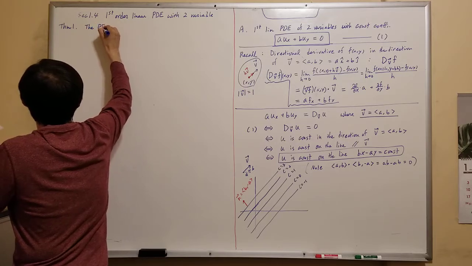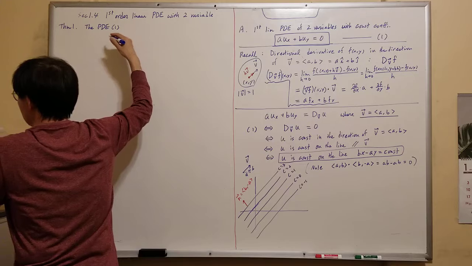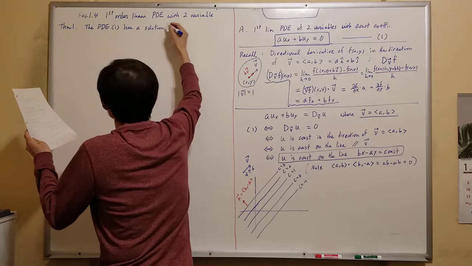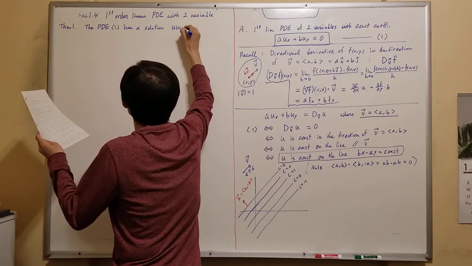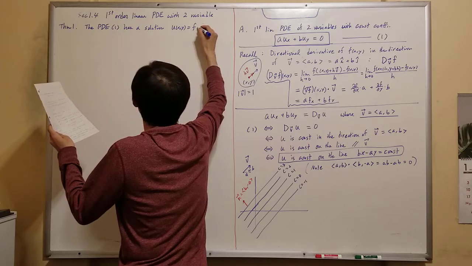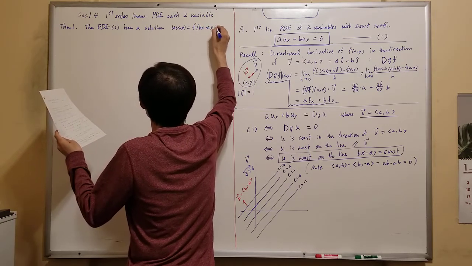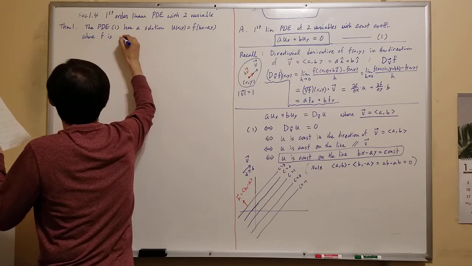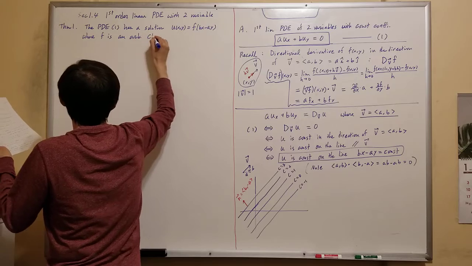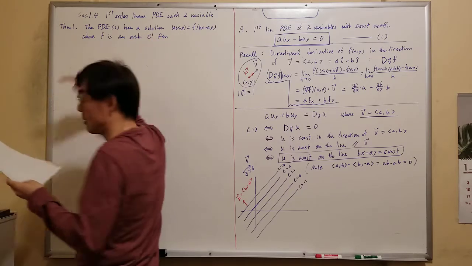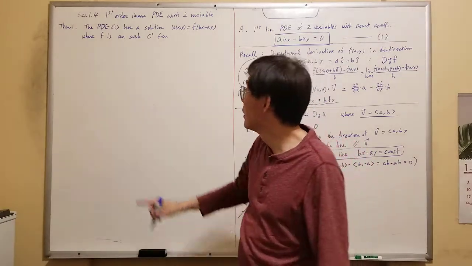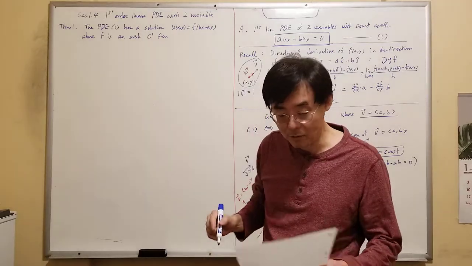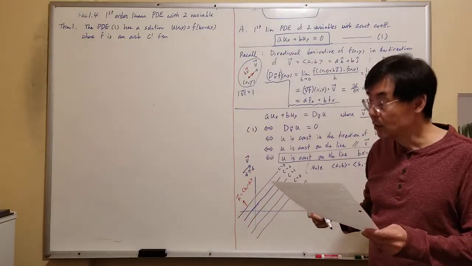PDE number 1, that one, has a solution u(x,y) equals some function f of bx minus ay, where f is an arbitrary C1 function. Again, C1 means differentiable once, and that derivative is continuous. C for continuous, so C1 means continuously differentiable.